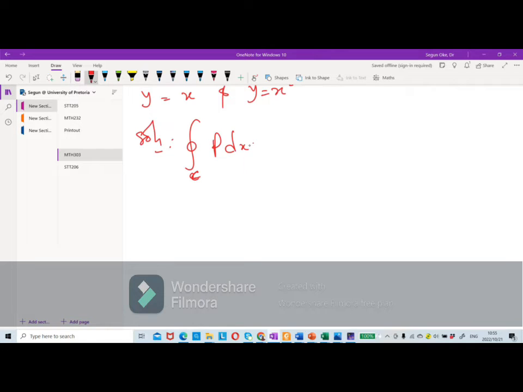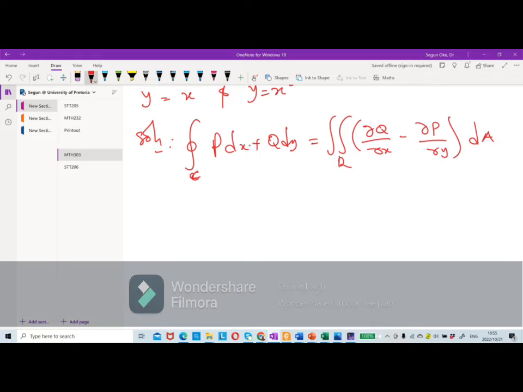P dx plus Q dy equals the surface integral of the partial derivative of Q with respect to x, minus the partial derivative of P with respect to y, everything dA, right? That's fine.